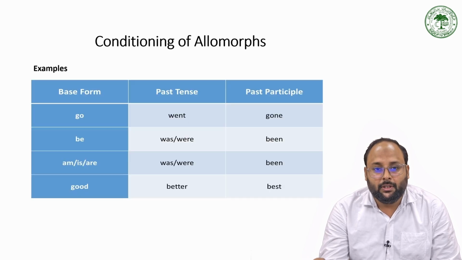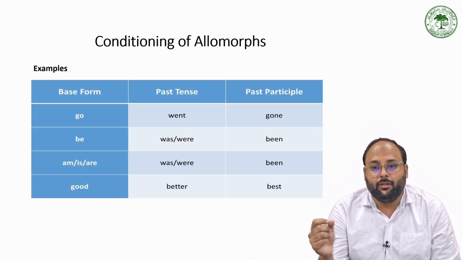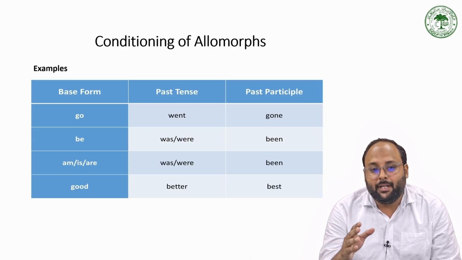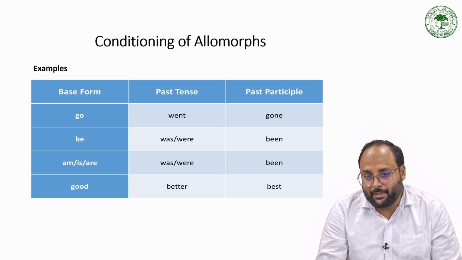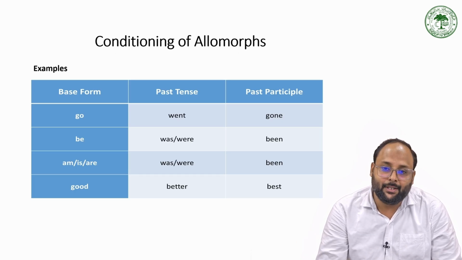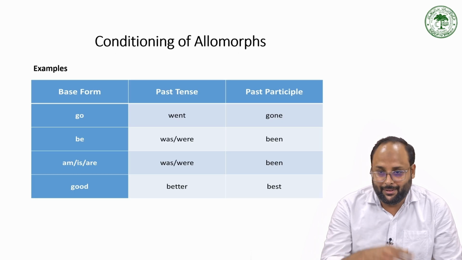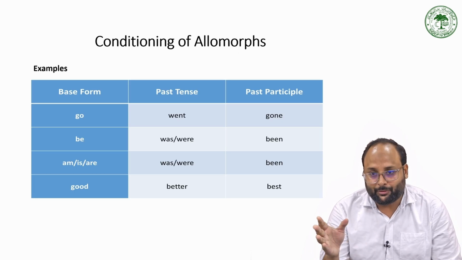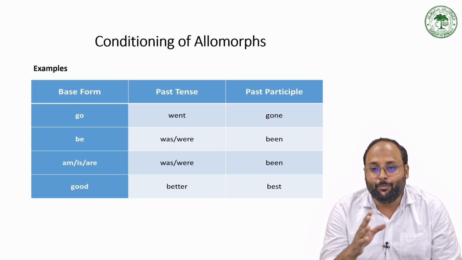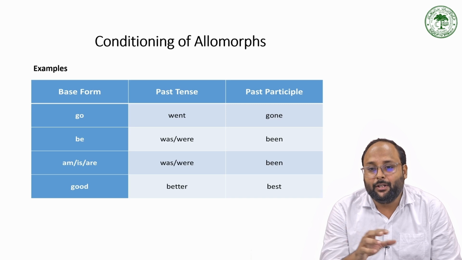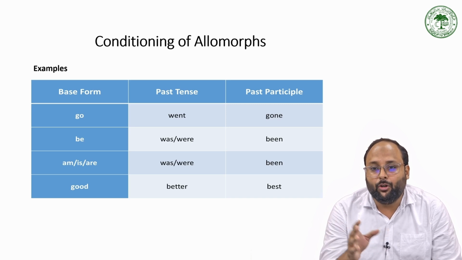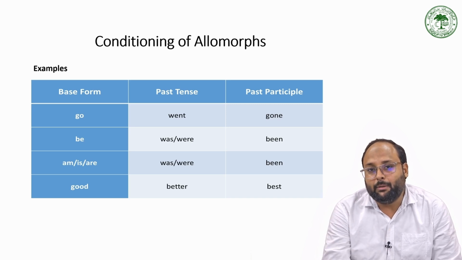Examples of suppletion are go into went, be into was, am, is, are into was, were, and good, better, best. These are examples of suppletion, and they are part of lexical conditioning. You cannot understand or memorize all these changes by the regular pattern, but you have to memorize every item individually.